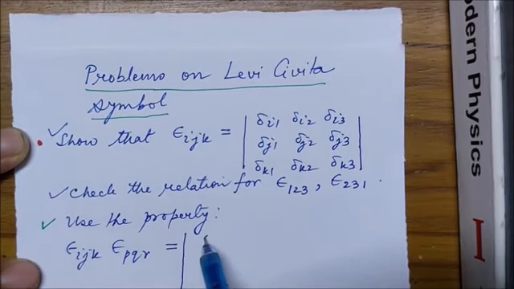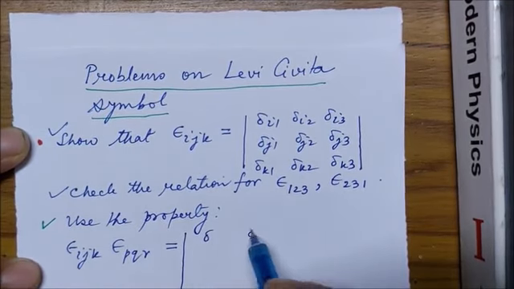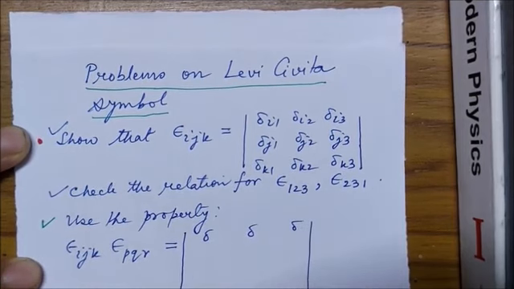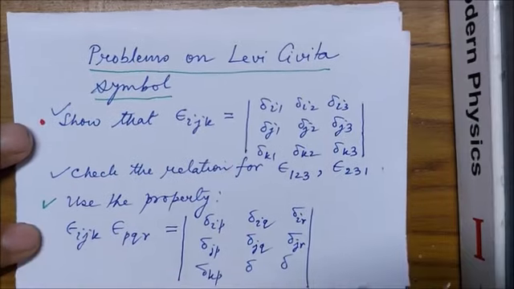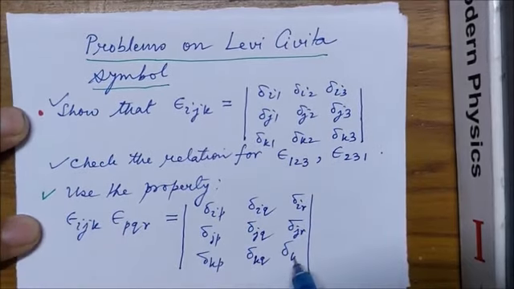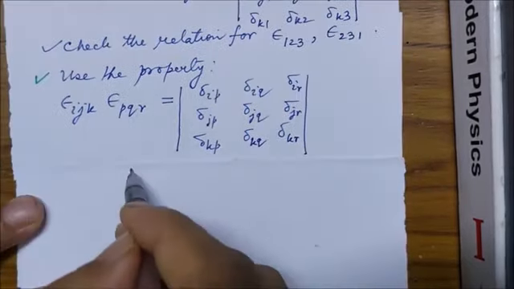This can be written as a determinant, so it is IP, then we have IQ, then IR, and so on. JP, JQ, JR, and finally KP, KQ, KR.